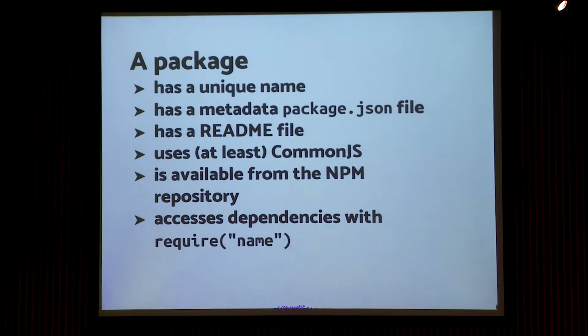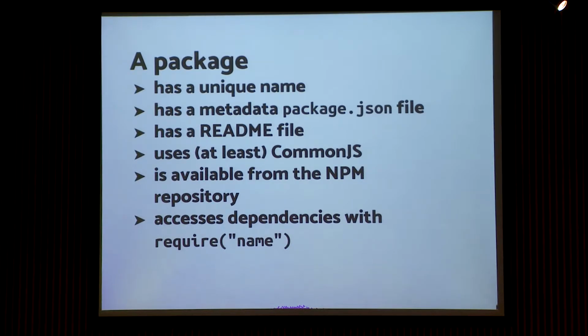NPM tells us that a package has the following properties. It has a unique name by which it's registered in the repository. It has a package.json file which defines a lot of useful metadata about the package. It has a README file which is the documentation, or at least points at the documentation. It uses CommonJS, possibly more, using universal module loader, shims and stuff like that.